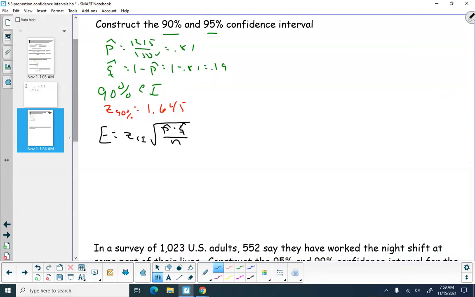You want to take this to 2 decimal places. So we have 1.645 times the square root of 0.81 times 0.19 divided by 1,500.